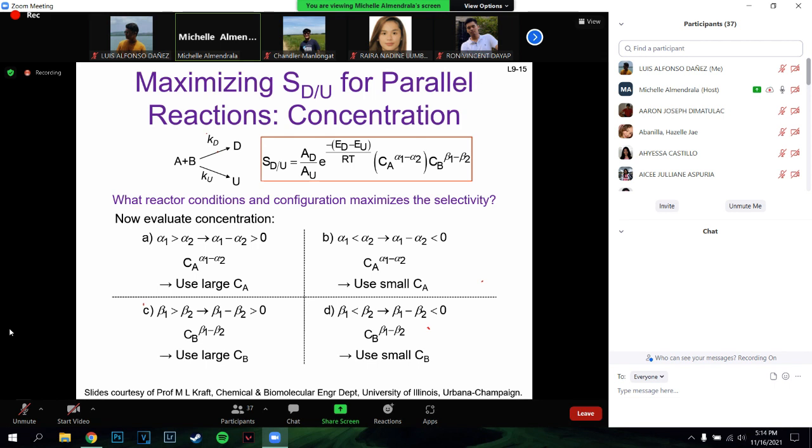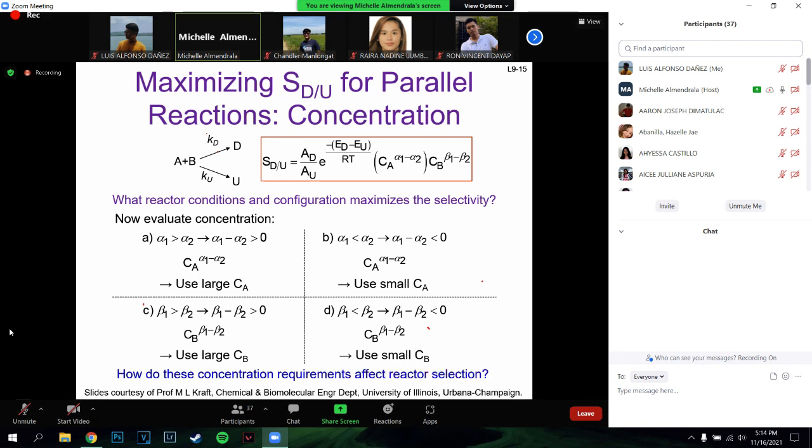Maybe you can include a similar case when you want to come up with your own reactor design simulation, but non-isothermal. So this might be useful.